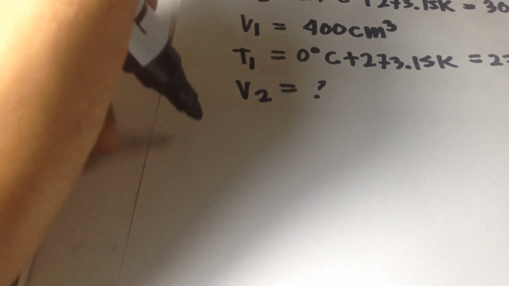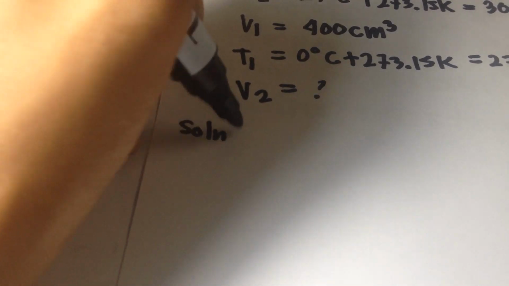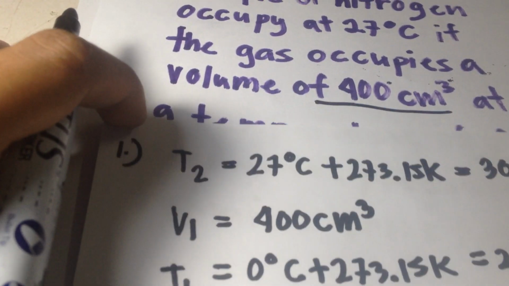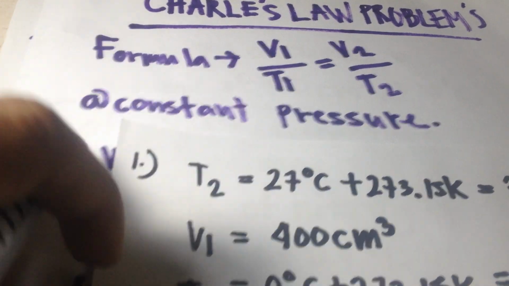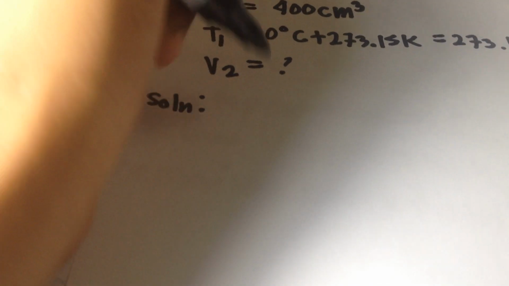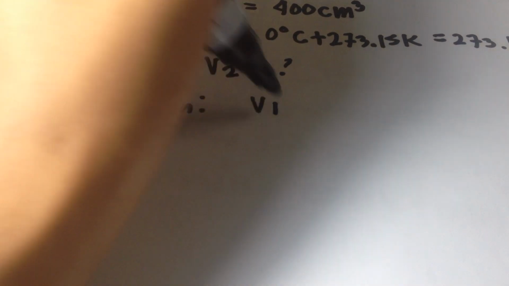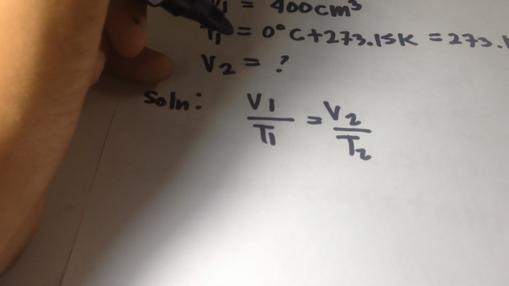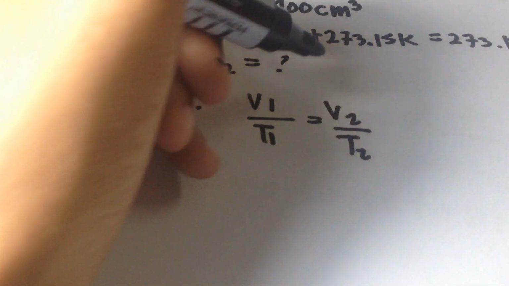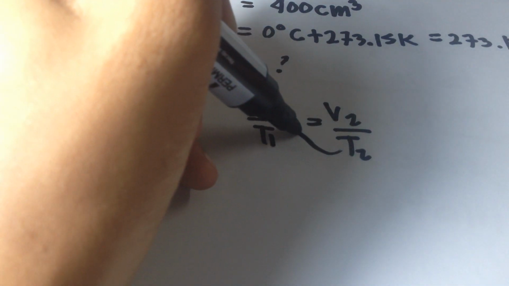So this is the solution. We need to use the formula, which is V1 over T1 equals V2 over T2. We need to find volume 2, so multiply by temperature 2.